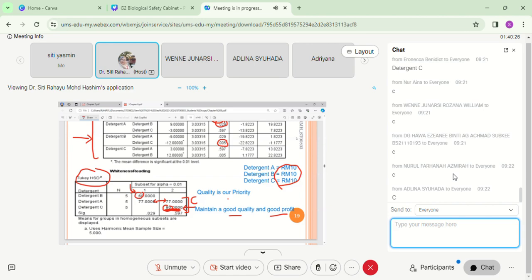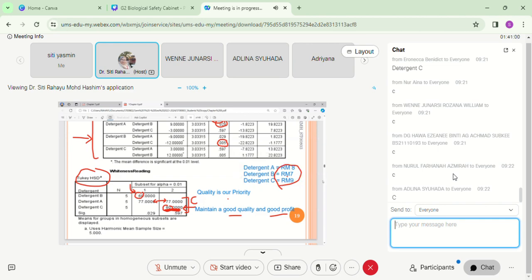Tetapi, katakanlah kalau saya change the price to, let's say, the price for detergent A is 8 ringgit, let's say detergent B is 7 ringgit and detergent C is 9 ringgit.